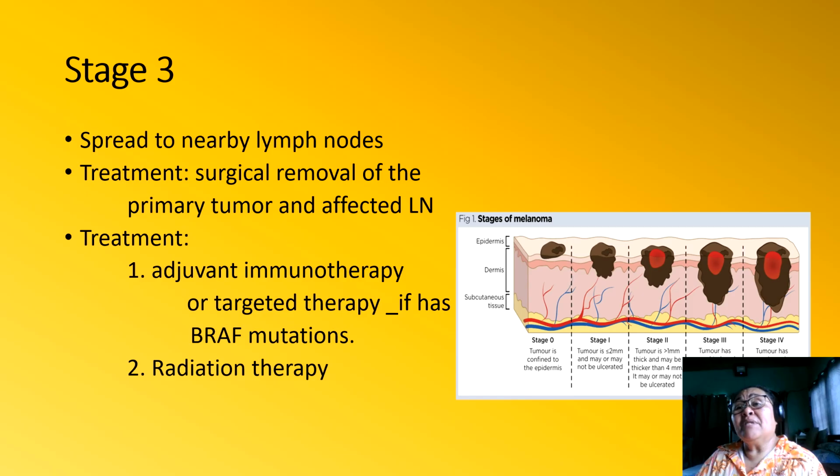The treatment is surgery to remove the primary tumor and affected lymph nodes, followed by immunotherapy or targeted therapy, especially for tumors with BRAF mutations. Radiation therapy may also be considered.